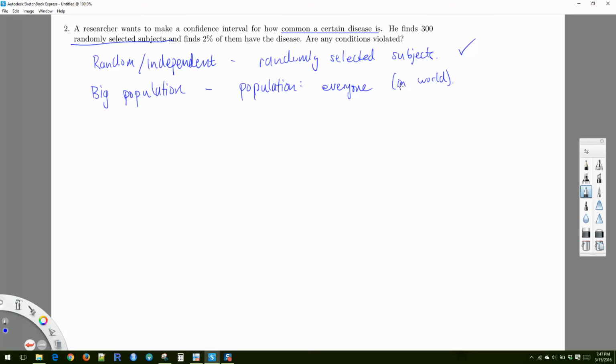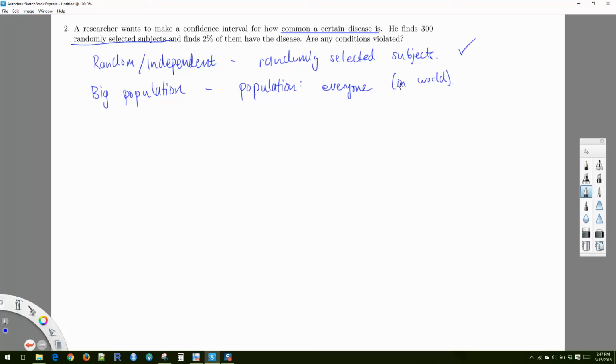If somebody asks, what is the prevalence of HIV, and nobody specifies, like, the prevalence of HIV in Los Angeles, you kind of just have to assume we're talking about everyone, the world.